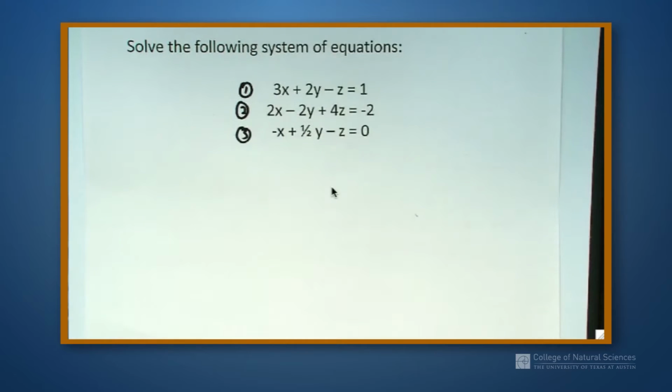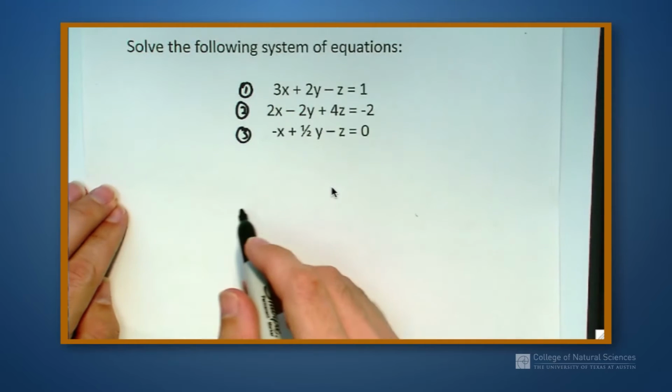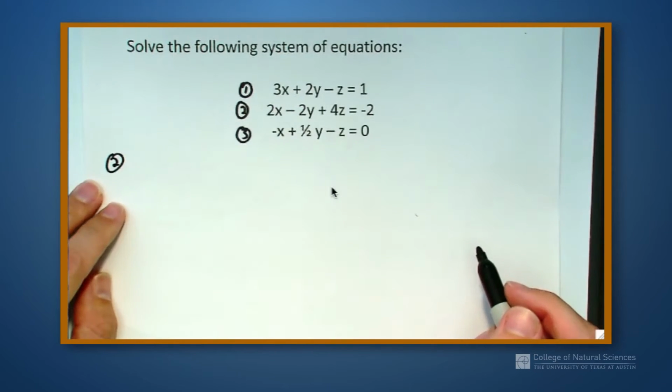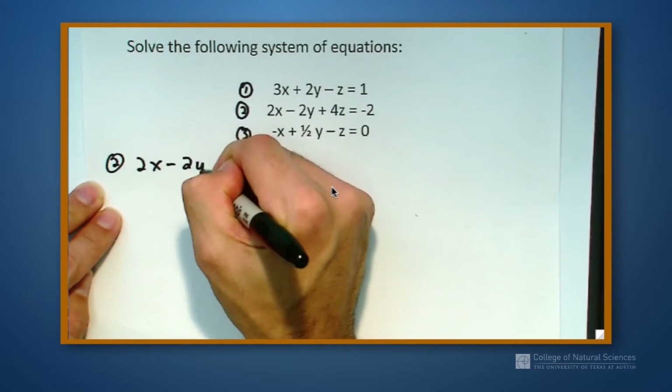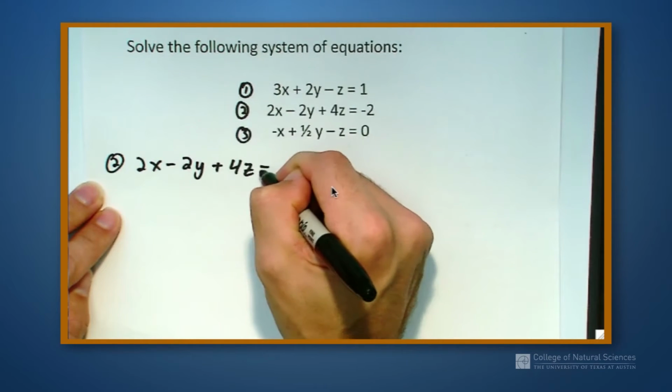And for no apparent reason other than I've done this problem once before, I'm going to use the second and the third equations together. So I'm going to rewrite equation 2. Equation 2 is 2x minus 2y plus 4z is equal to minus 2.